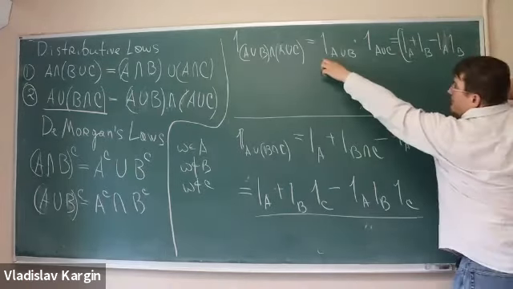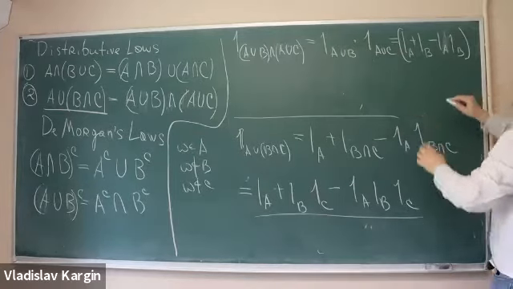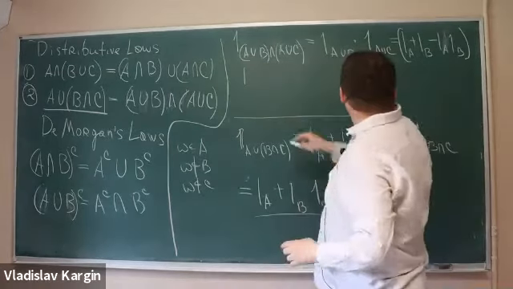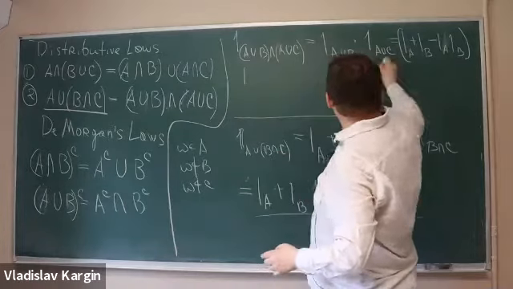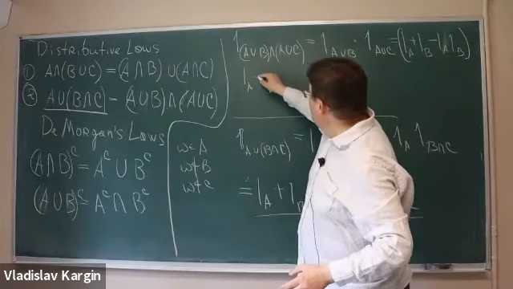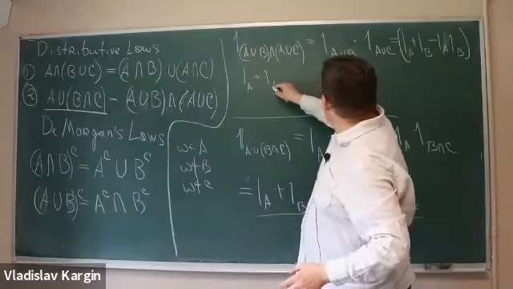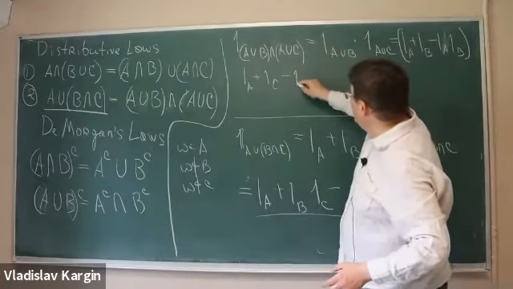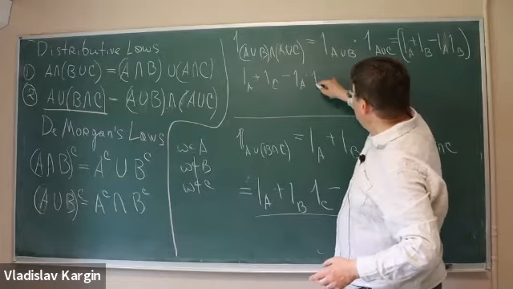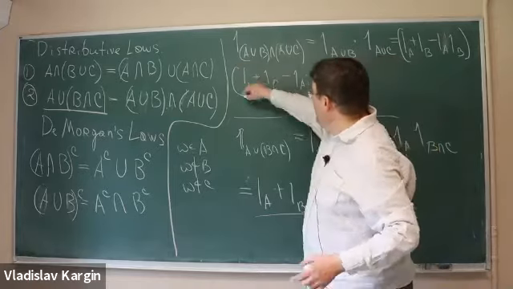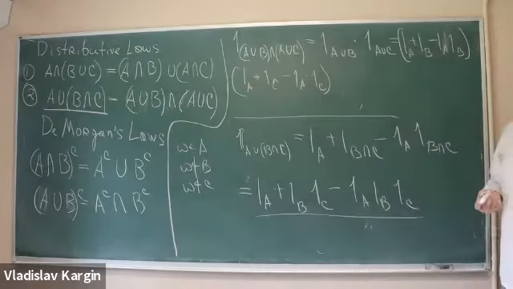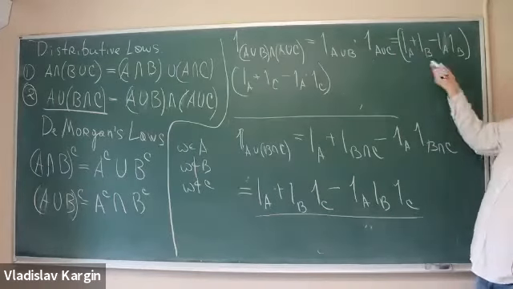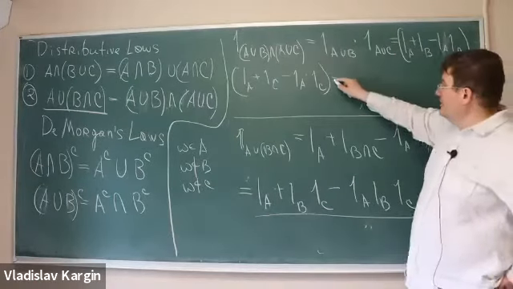So this is the definition for this thing, and multiplied by 1A plus 1C minus 1A multiplied by 1C. Now I use the regular distributive law. I remove these brackets and write it down. What is it?